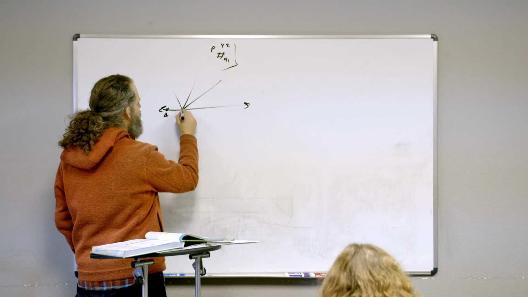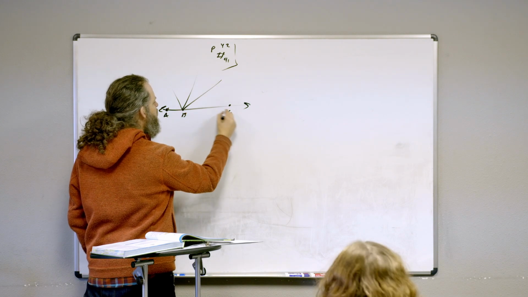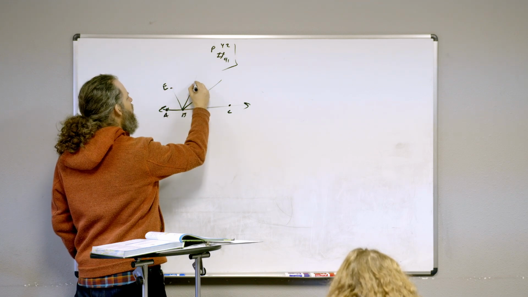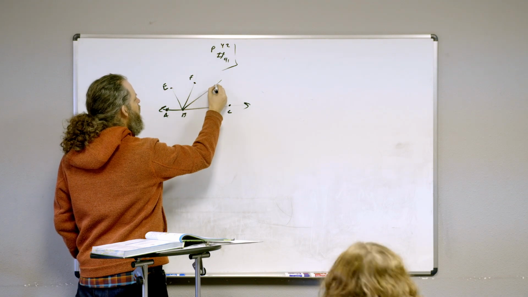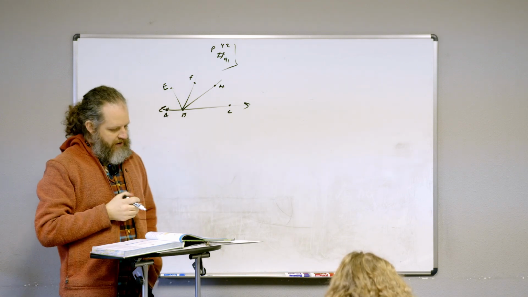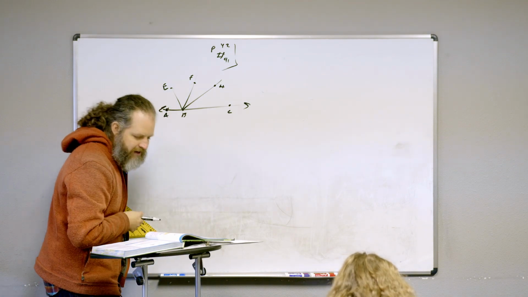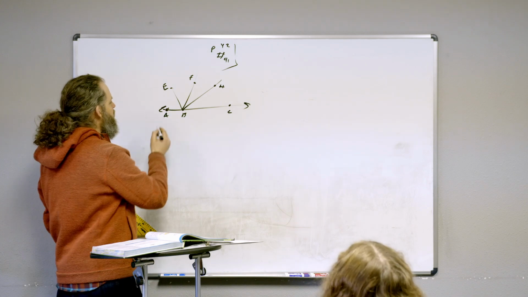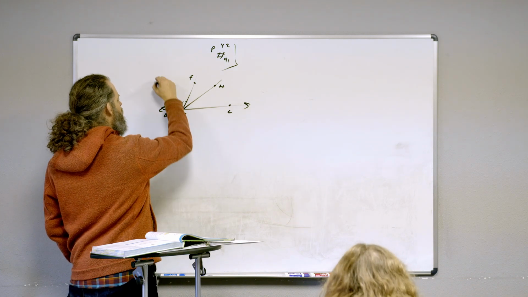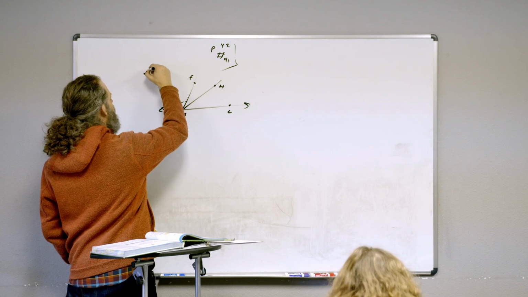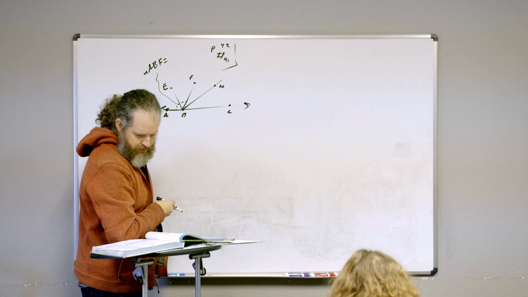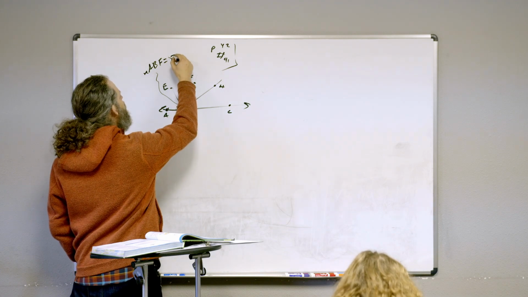A, B, C, and E, F, H. On 41, it says the measure of ABF is 8S minus 6. ABF, so this one, equals 8S minus 6.